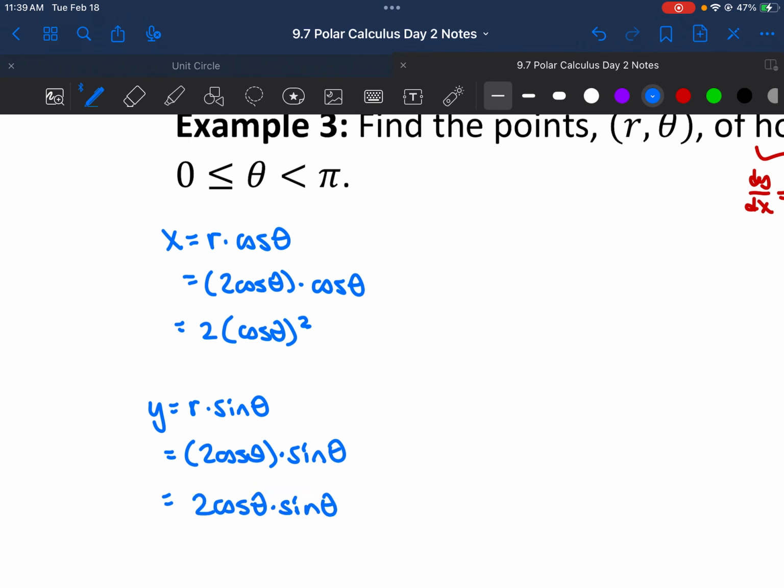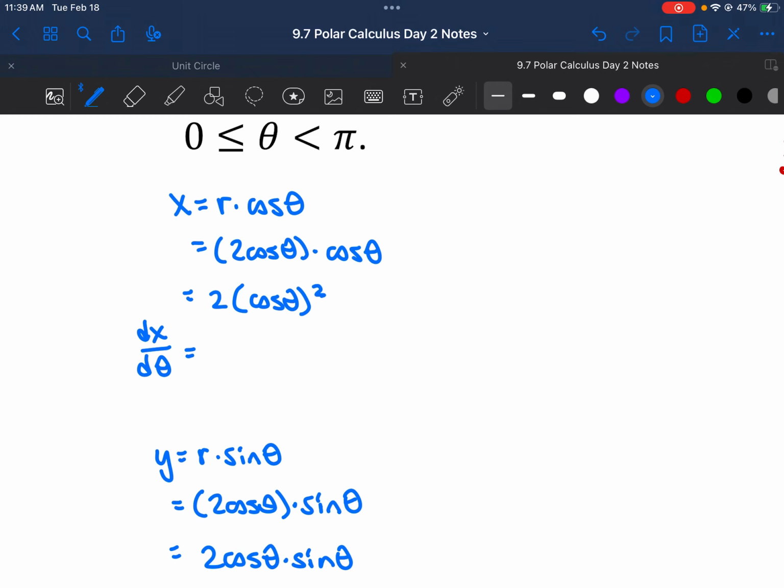All right, let's go ahead and actually get their derivatives real quick, because we're going to need those. dx/d theta, this is going to be power rule with chain rule. 2 times 2, 4. Cosine of theta times the derivative of the inside, negative sine of theta. So this is negative 4 cosine theta sine theta.